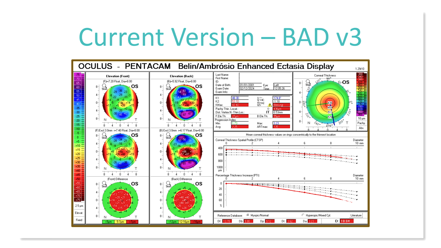The middle one is what we call the enhanced reference display. Instead of using an 8mm optical zone, we use that 8mm optical zone, but we remove what we call an area between 3 to 4 millimeters centered on the thinnest point.